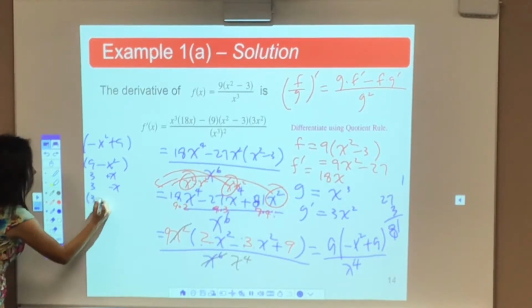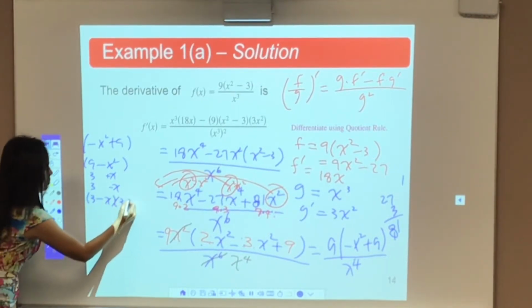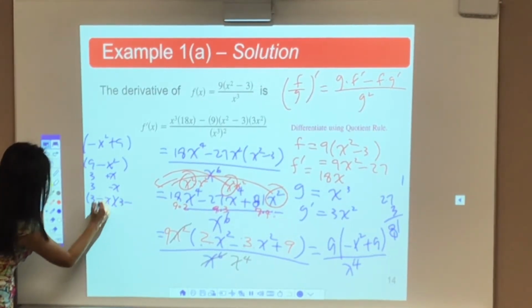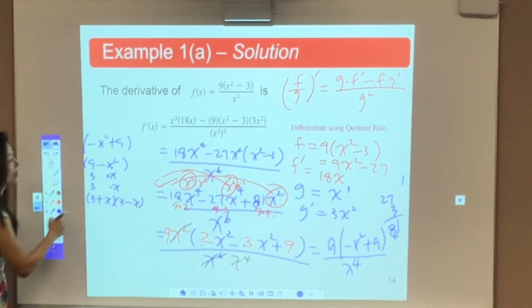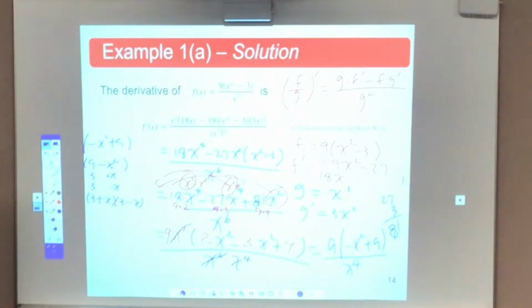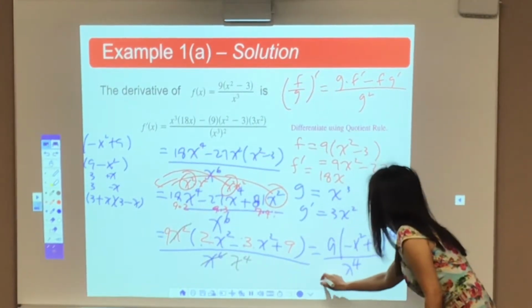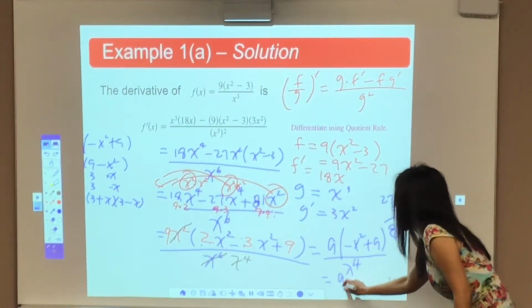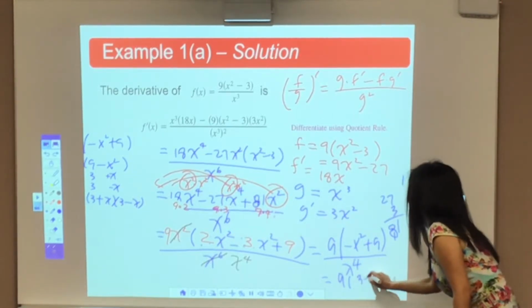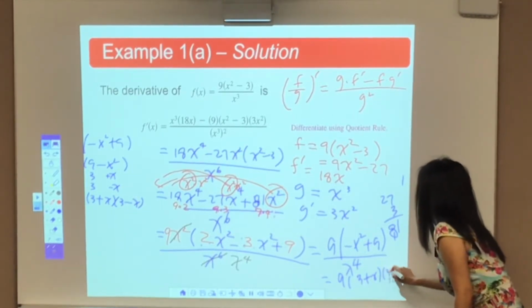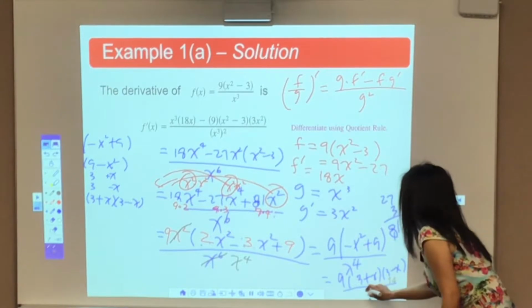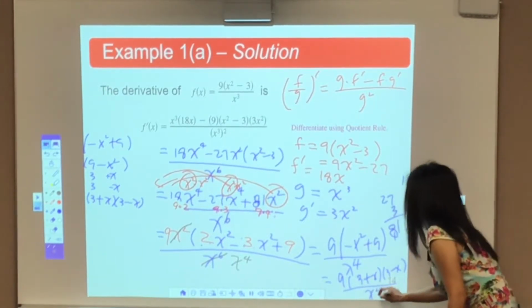I get 3 minus x and then 3 plus x and 3 minus x. I can rewrite it if I want to. So my answer is actually, if I want to simplify it, 9 and then 3 plus x and 3 minus x, everything over x to the 4. So I'm done.